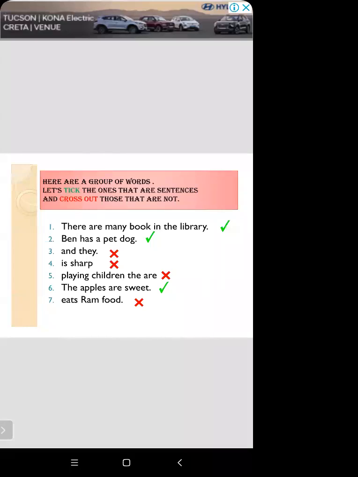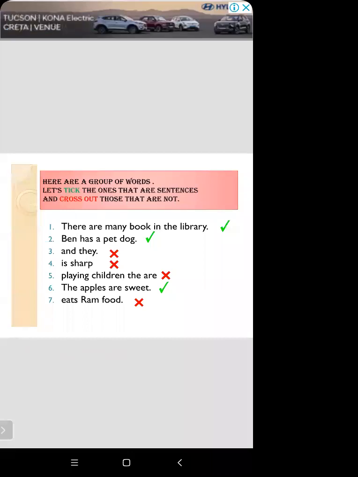Now, these are a group of words, and you notice that they give a complete sense, student. Yes. So there are many books in the library. So notice that it gives a complete sense. So this is a sentence.